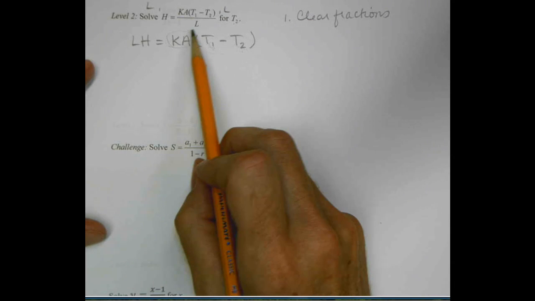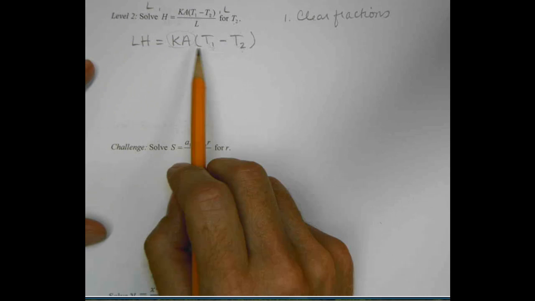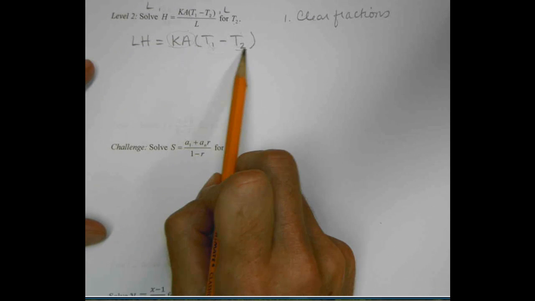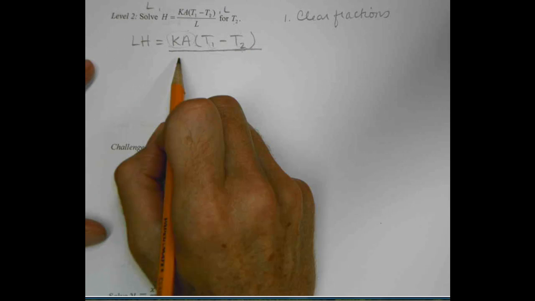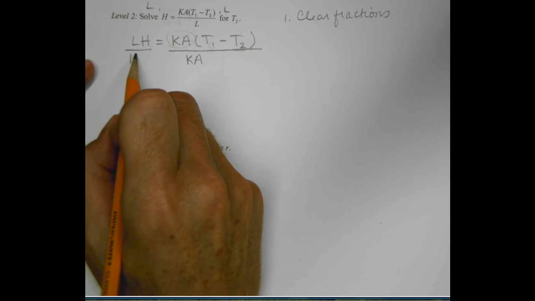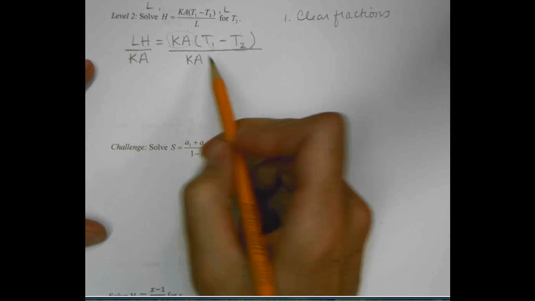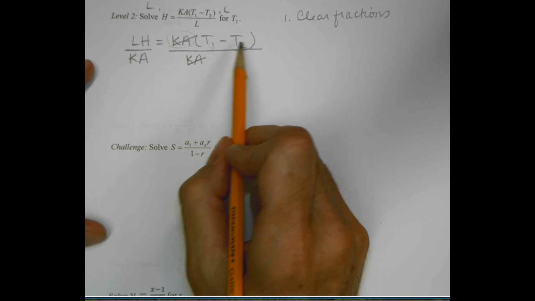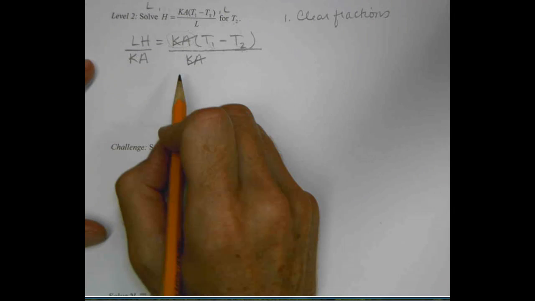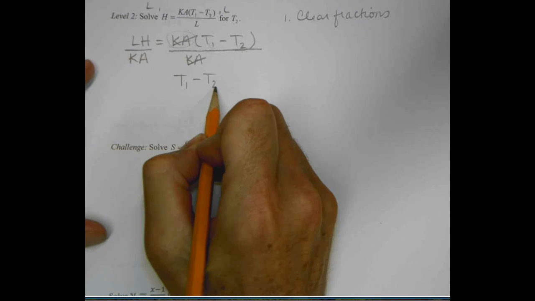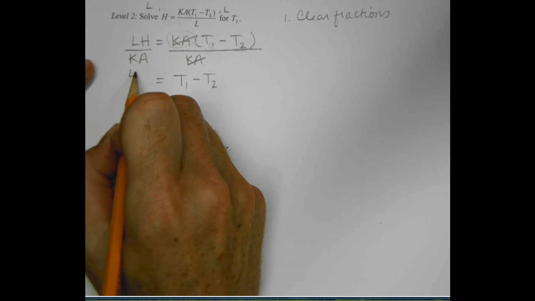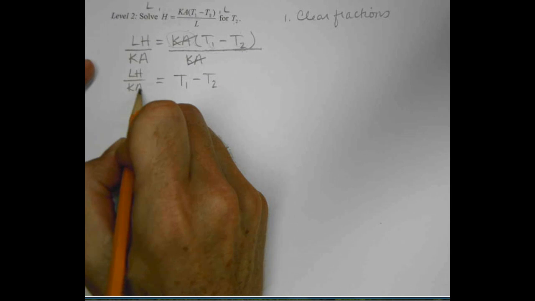I could distribute it if I wanted to, or because I know I'm trying to get the t sub 2 by itself, I may as well just divide both sides by the Ka, because then those Ka's are gone and I'm just left with the part in the parentheses. That's rather helpful. I have t sub 1 minus t sub 2, and that's equal to the LH over Ka.